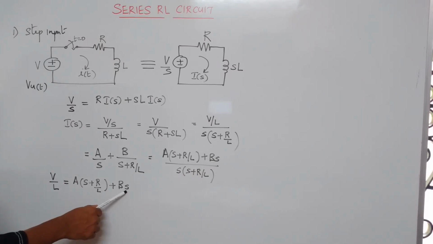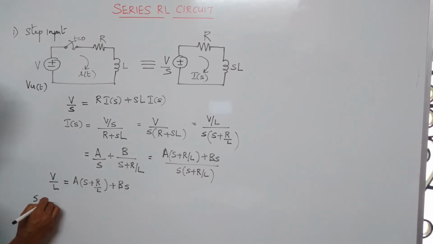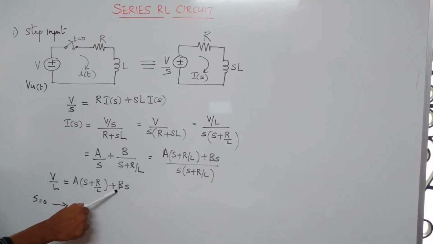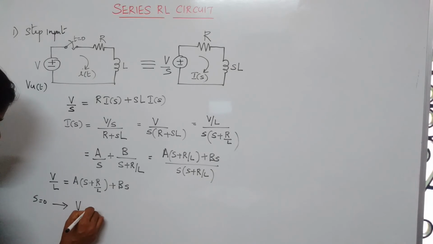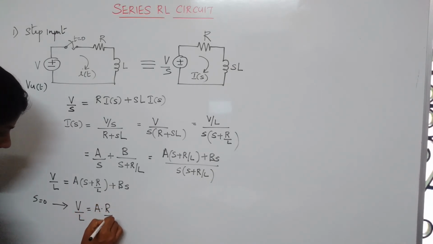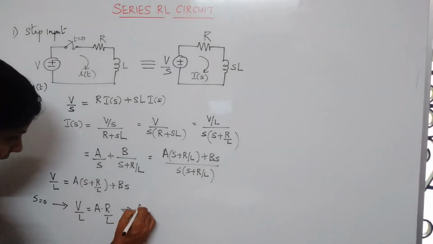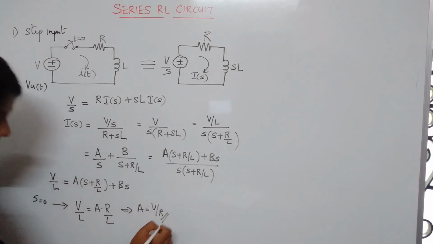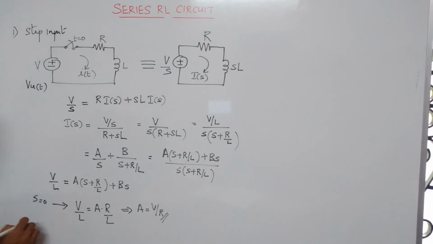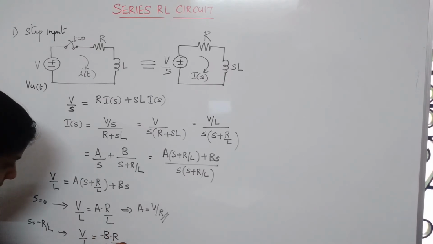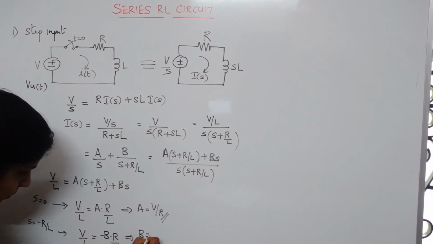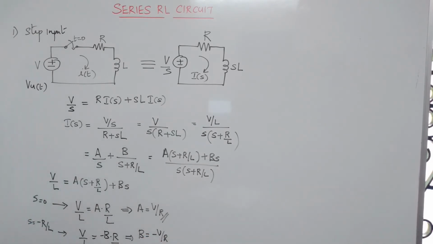When S is 0, B will become 0. So V by L will be equal to A into R by L, which implies A equal to V by R. Similarly, when S equal to minus R by L, V by L equals B into minus R by L, or B equal to minus V by R.